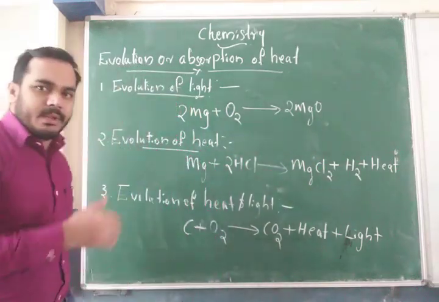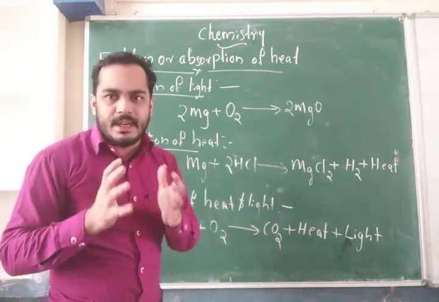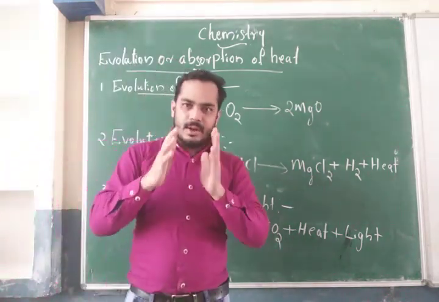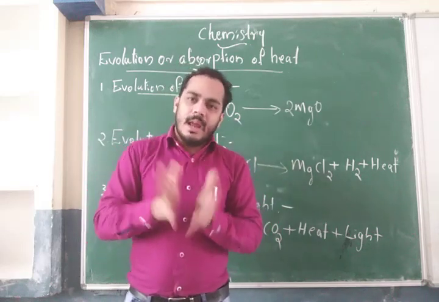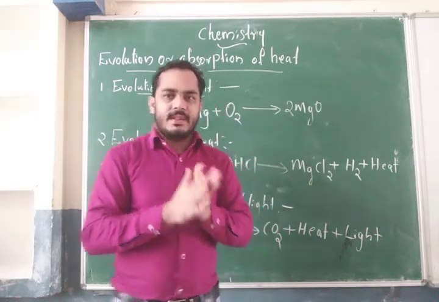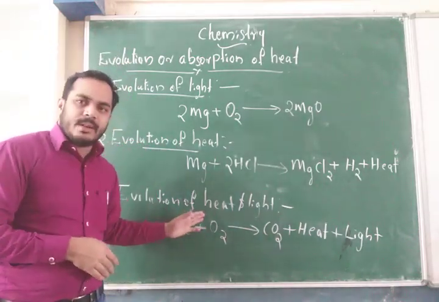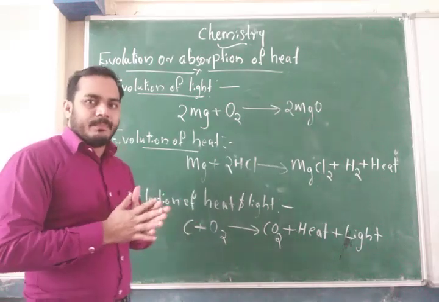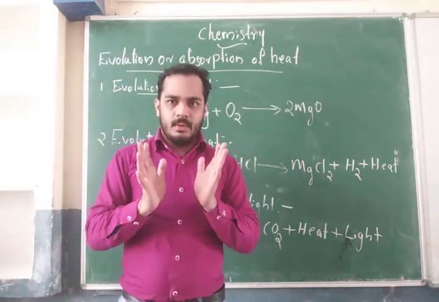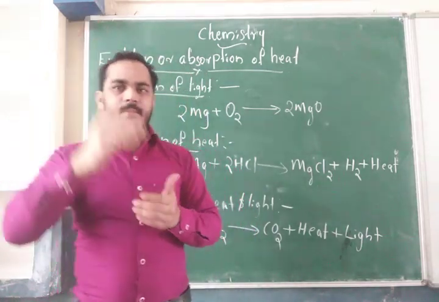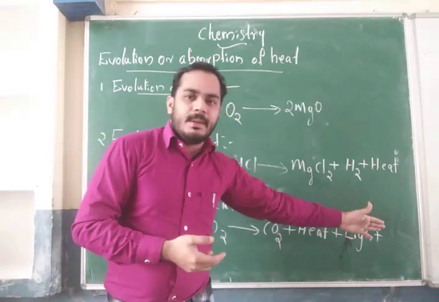Okay, and come to the third topic, evolution of heat and light. In some chemical reactions, light and heat energy are produced in the same reaction. The best example given here is charcoal, coal, reacting with atmospheric oxygen to form three different products.